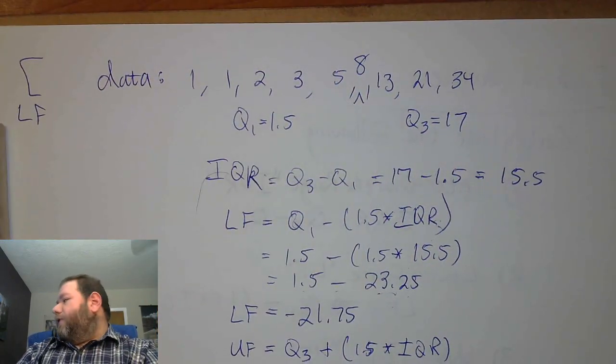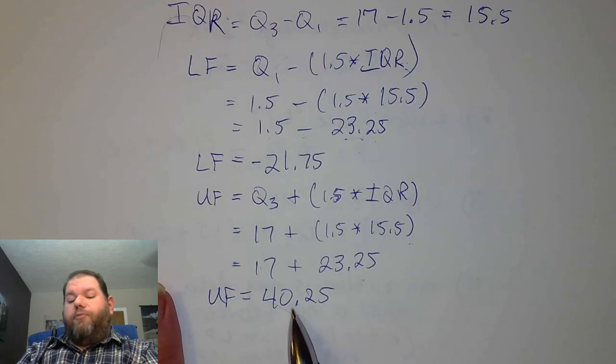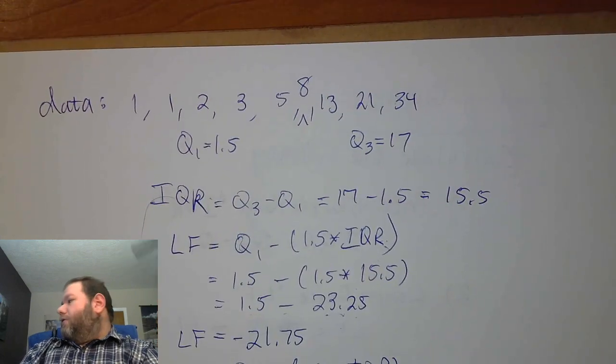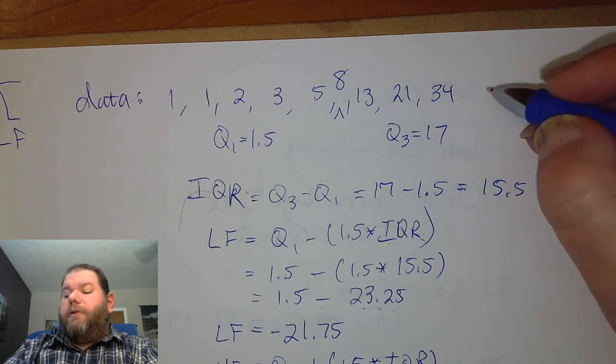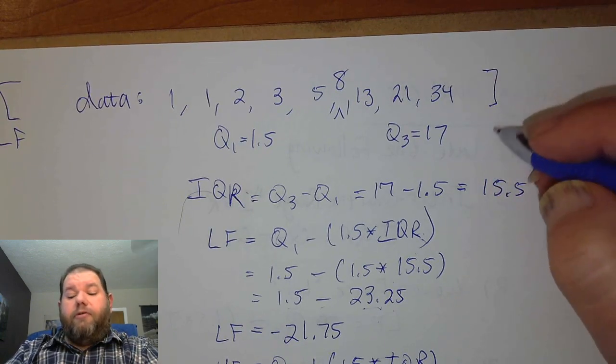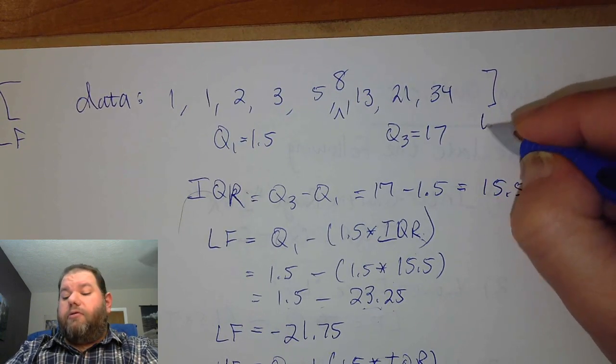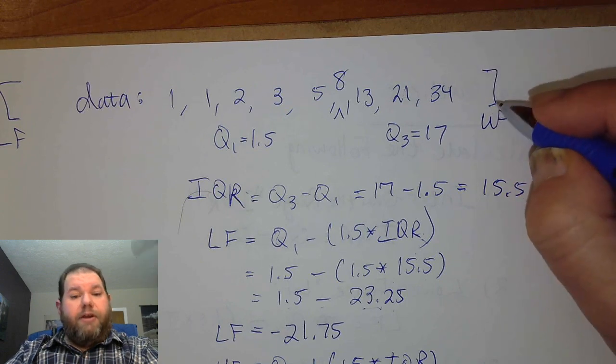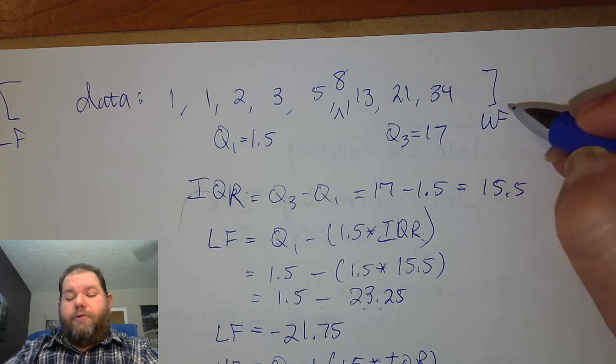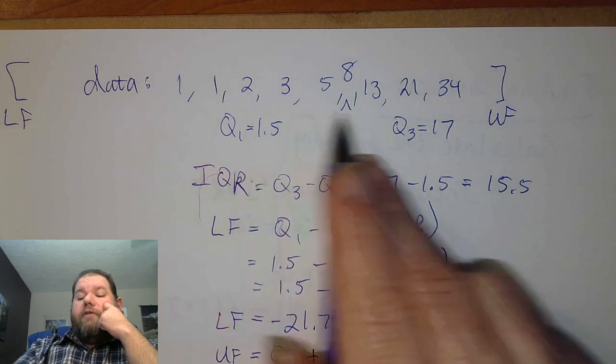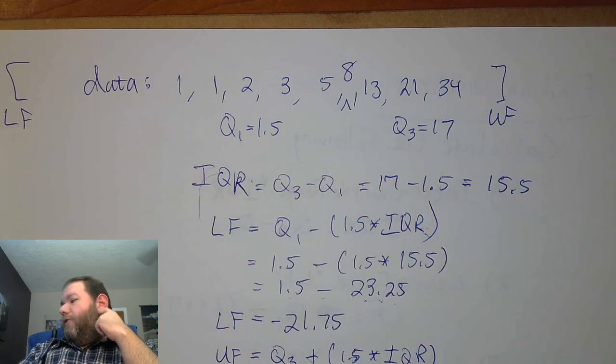Now our upper fence, we said it was 40.25. Well, 40.25 would be a little closer to 34, but it's still beyond 34. It's higher than 34. And so every data value would actually fit nicely between the two fences.